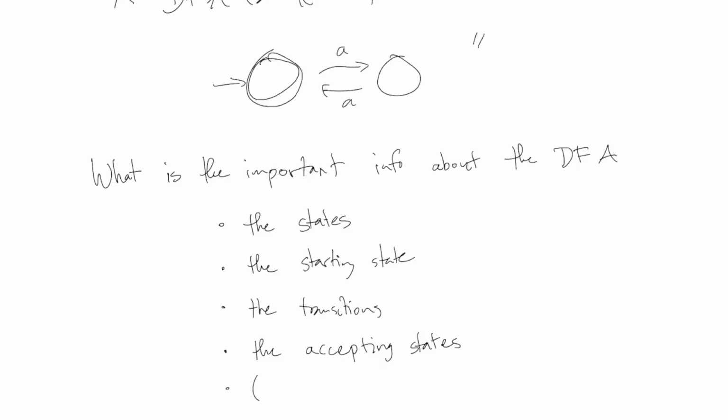Maybe I'll put this in parentheses. The alphabet. When you look at this DFA, the alphabet is just A. But some other DFAs have alphabets with A's and B's and whatever. All right? There are 5 ingredients which make up a DFA. And so the technical definition of a DFA is just a list of these 5 things.